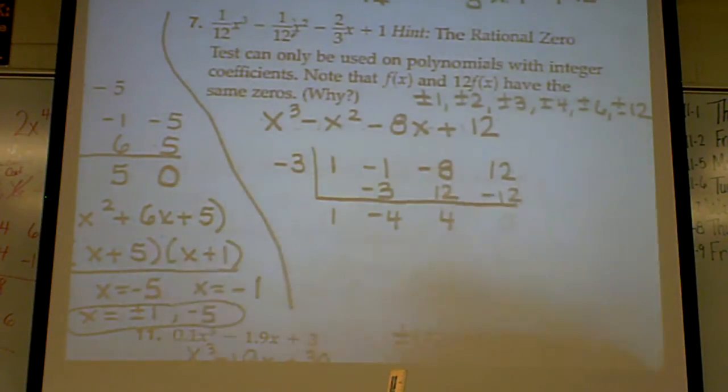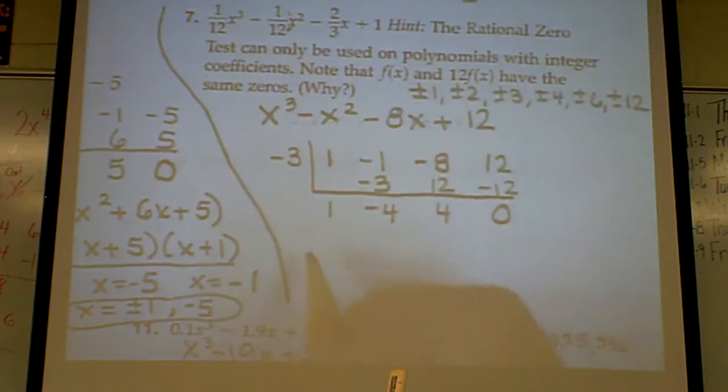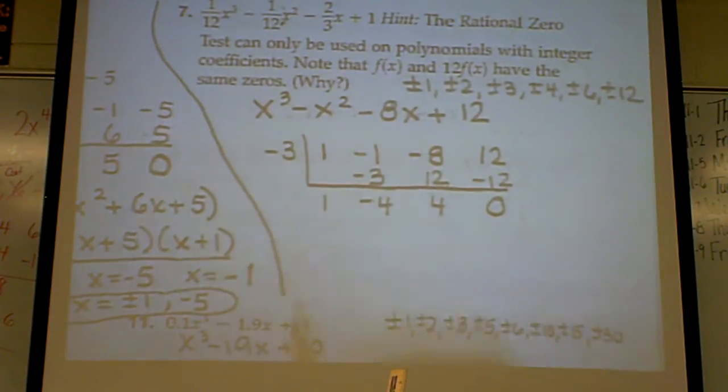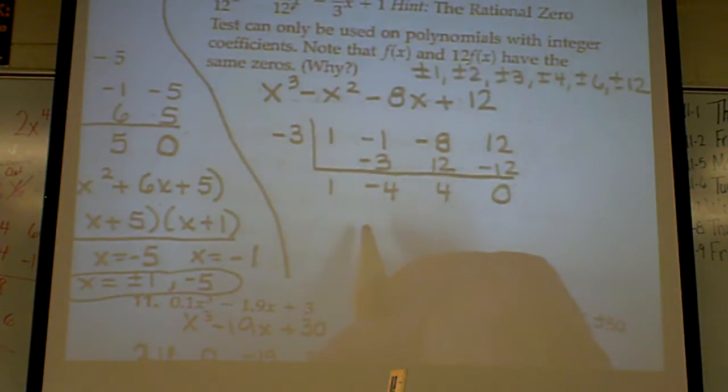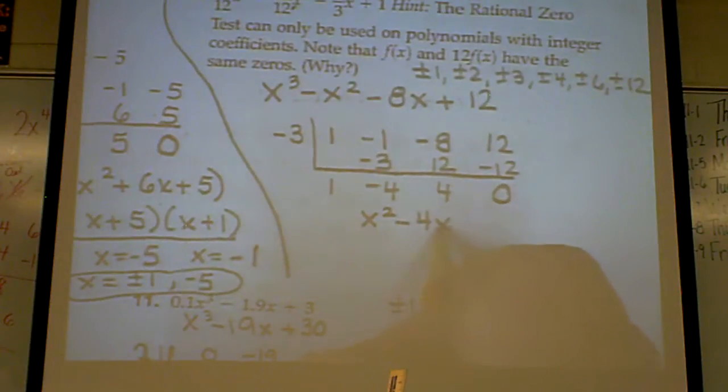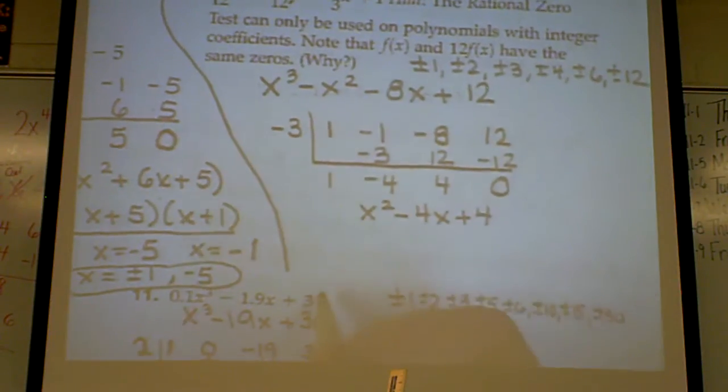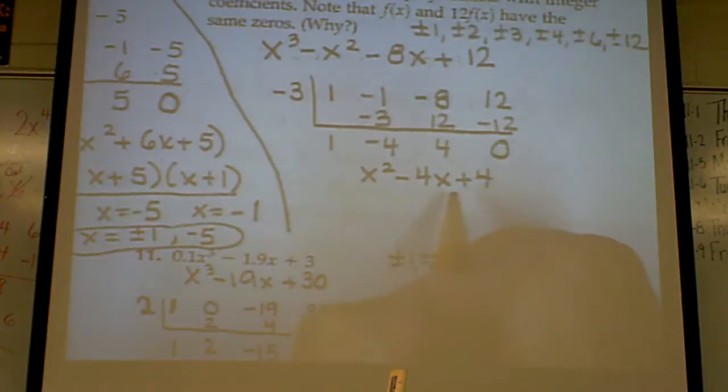Jordan, keep telling me not to put that line through. Okay, what are you gonna write? What are you gonna do now? I know, that's why he said that. What are you gonna do? X squared minus 4. Okay, now what? Can you factor this?